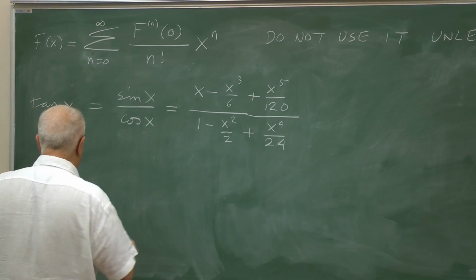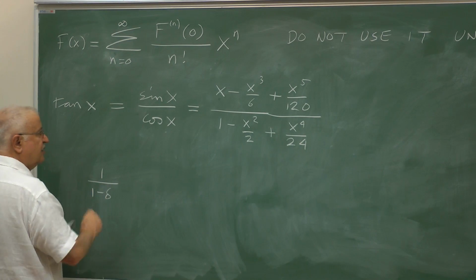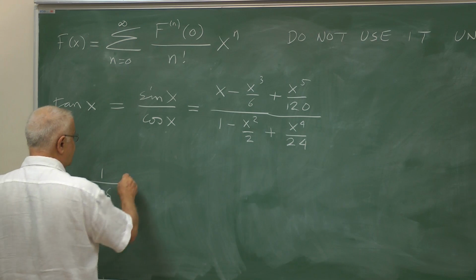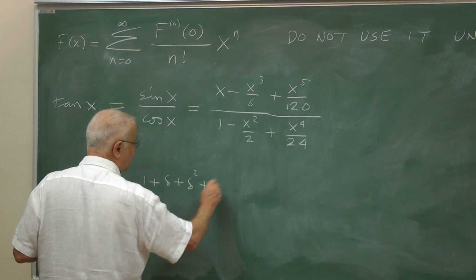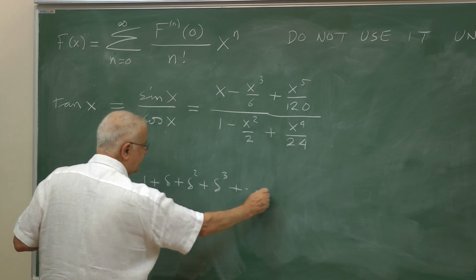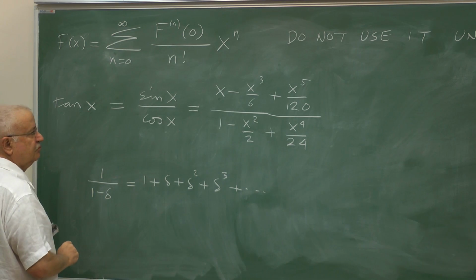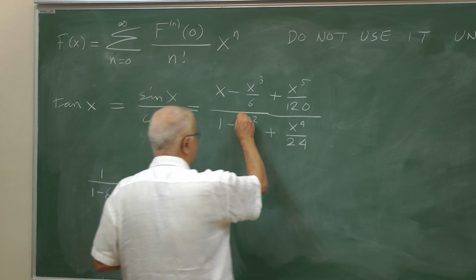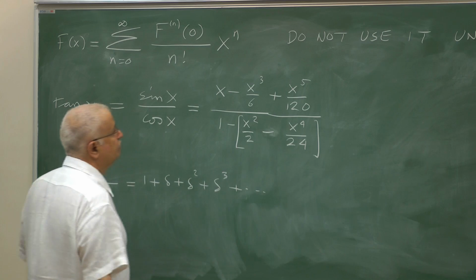Now, 1 over 1 minus delta, delta being a small number, is 1 plus delta square plus delta cube, etc. This is the geometric series. This is the sum. So I write this like that.